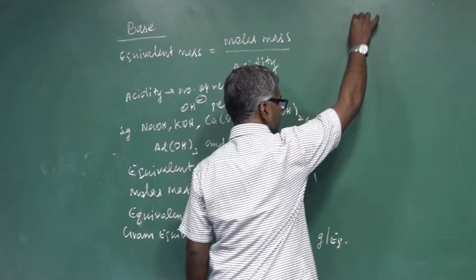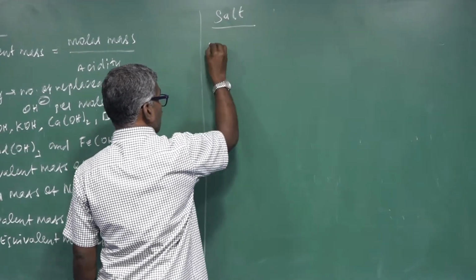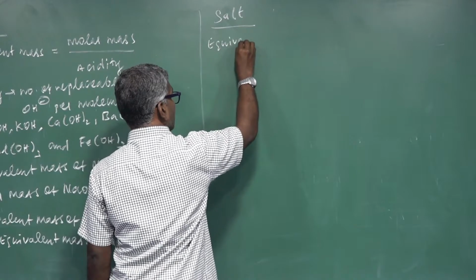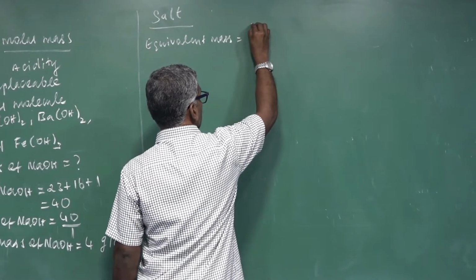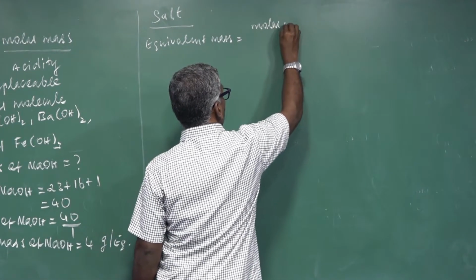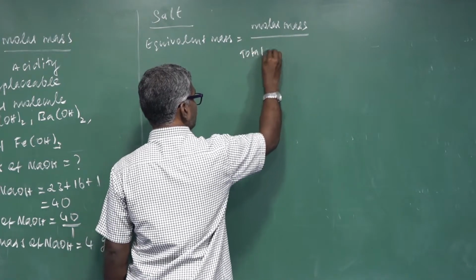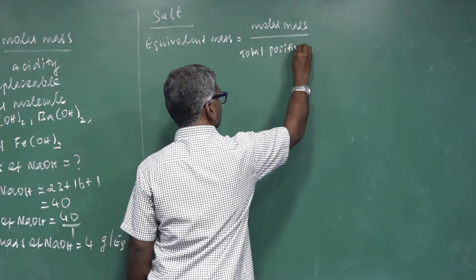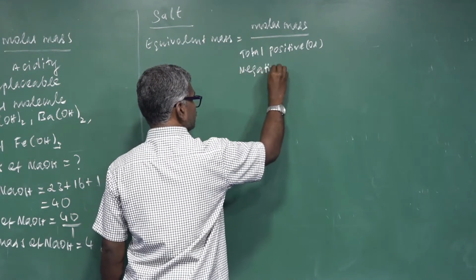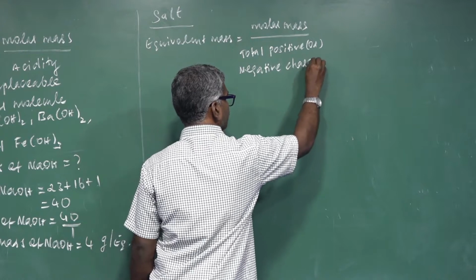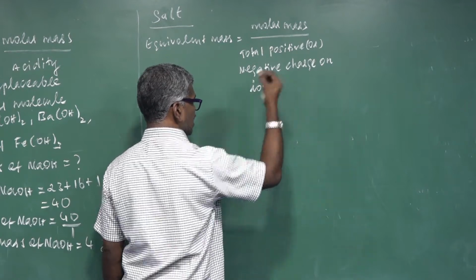Next concept, salt. What is the formula? Equivalent mass of salt should be equal to molar mass divided by the total positive or negative charge on the ions. This is the formula.